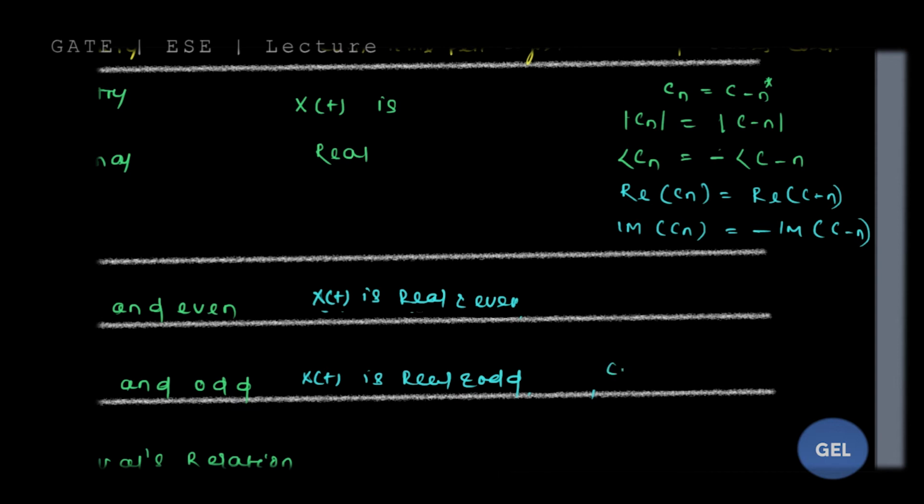Cn are imaginary and odd. Please remember this, very, very important. If your x of t is real and even, then Cn are real and even.